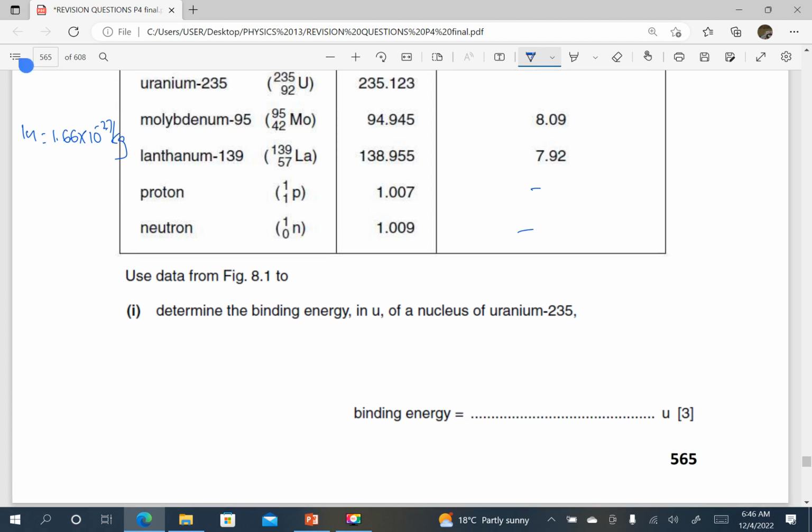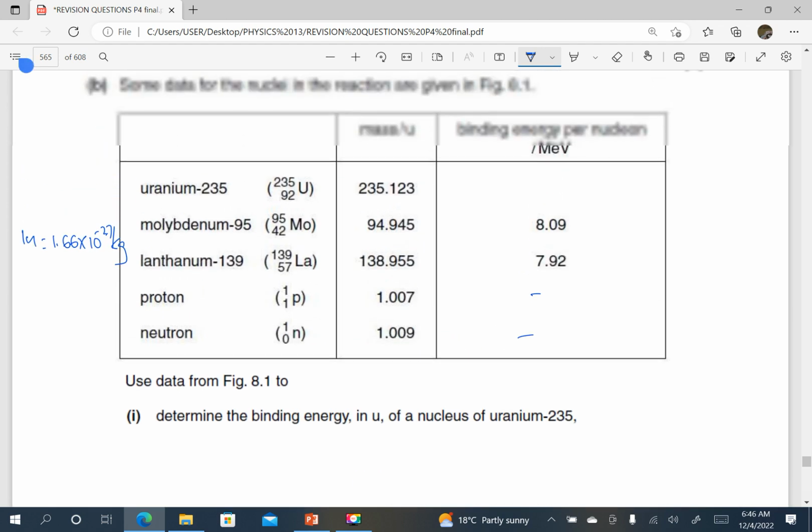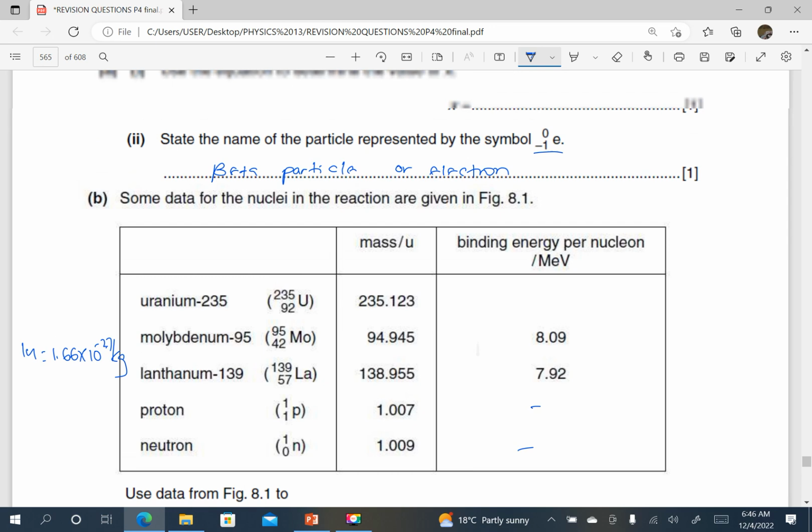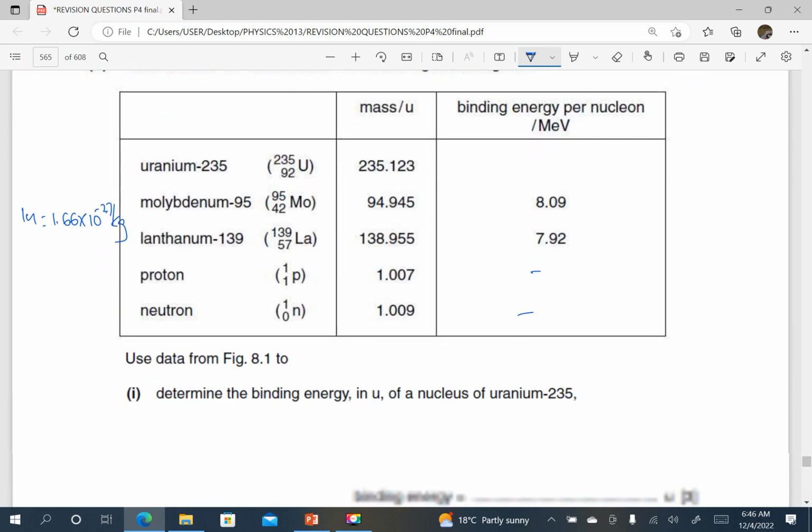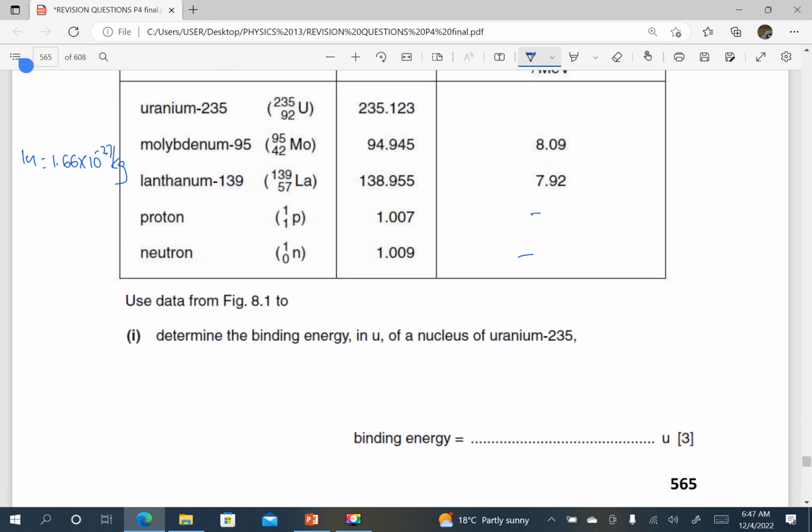Use data from the figure to determine the binding energy in U of a nucleus of uranium. So we want a nucleus of uranium. Since the proton and the neutron have no binding energy, we should just look for the mass of the separate nucleons. Uranium-235, 92.